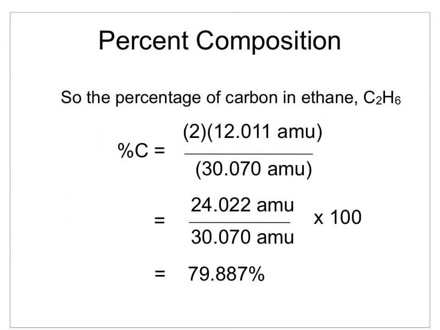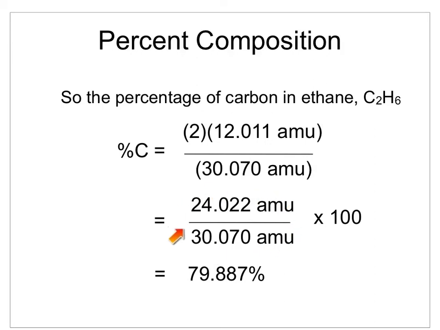Let's determine, for example, the percentage composition of carbon in a sample of ethane, which is C2H6. There are 2 carbons in the formula, so we multiply the formula weight of carbon by 2 to give 24.022 AMU. The molecule has a total weight of 30.070 AMU.